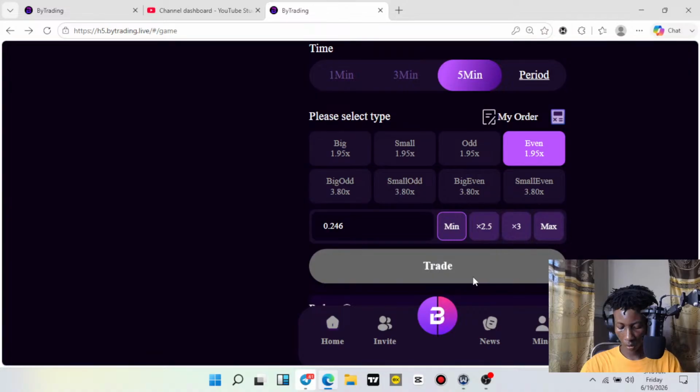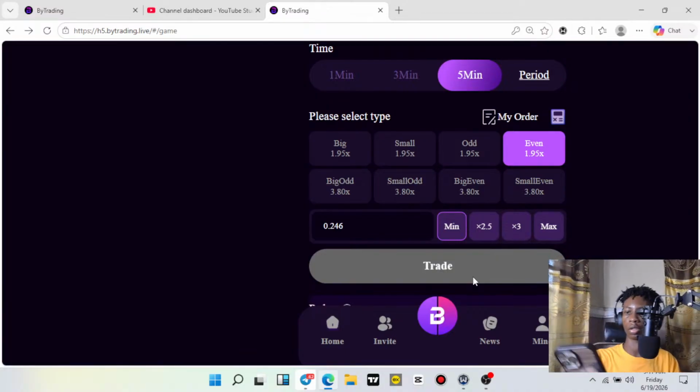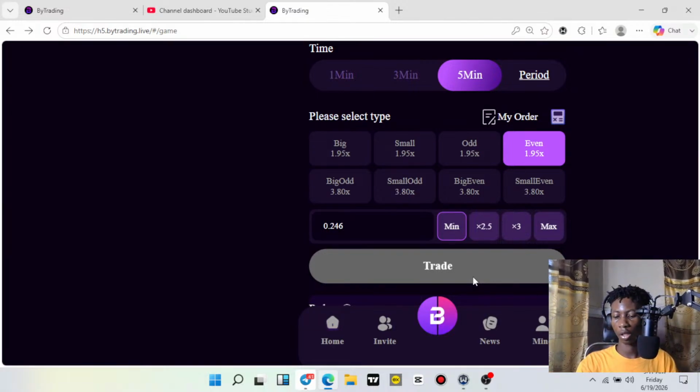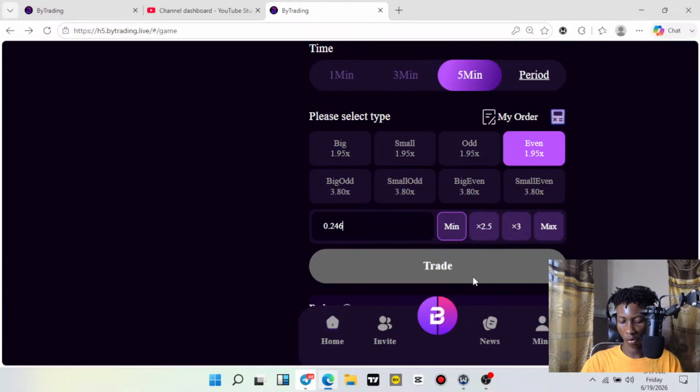So I just have to do it on my phone, even, and then 0.246, that's it. So I'm joining the trade with my phone. You guys can see I'm joining the trade with my phone. So let me click on the trade and click on the confirm and purchase successful. So I just have to give it some time and let's see how this one actually plays out.